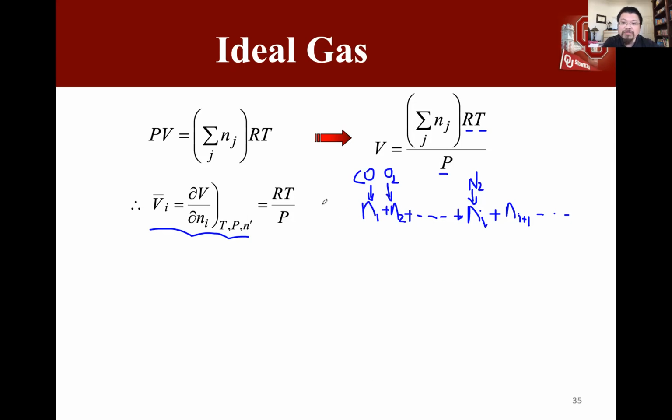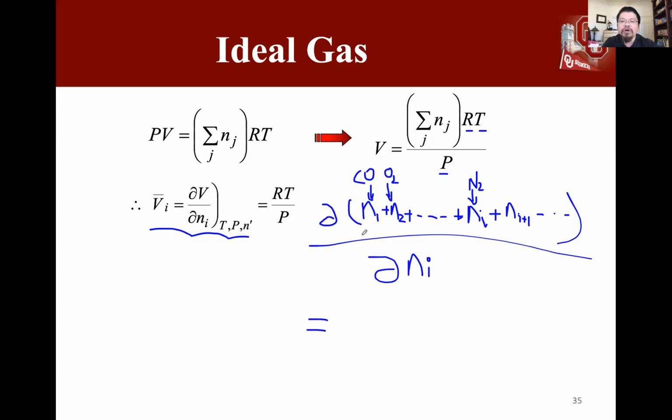So this is why if you take the partial derivative of this term over dNi, then we can realize that dN1 over dNi is 0 because CO has nothing to do with nitrogen.